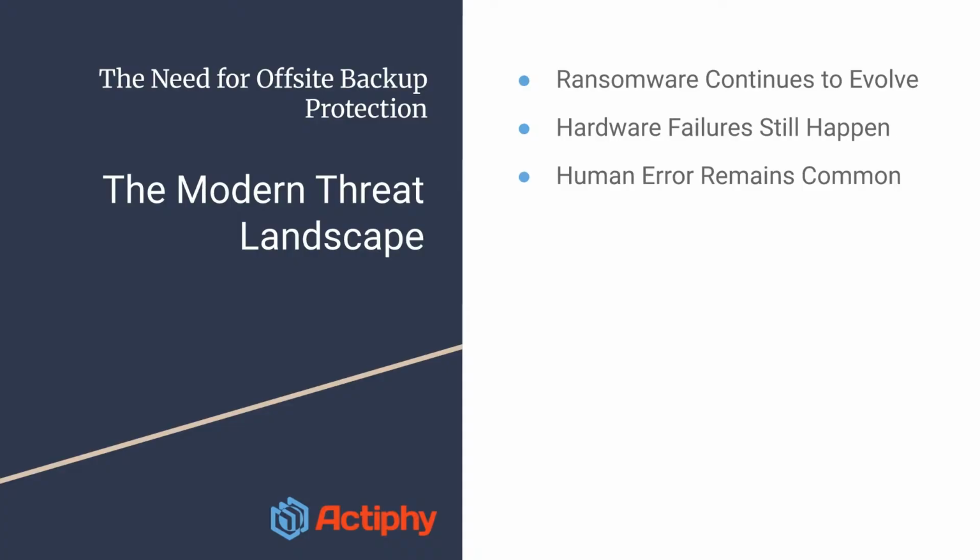Not all disasters are caused by malware or hardware failure. Often, human error is the biggest risk. Files can be accidentally deleted, systems misconfigured, storage formatted, or data overwritten, mistakes that happen in organizations of any size. A good backup strategy ensures that these errors are recoverable rather than permanent.